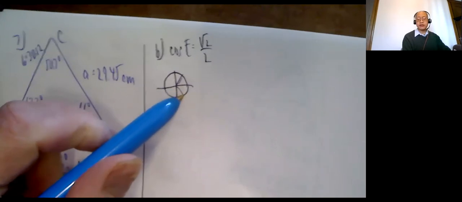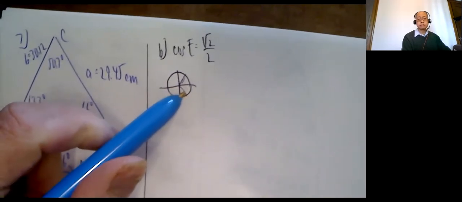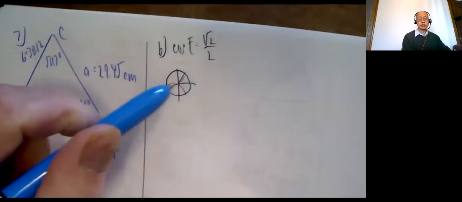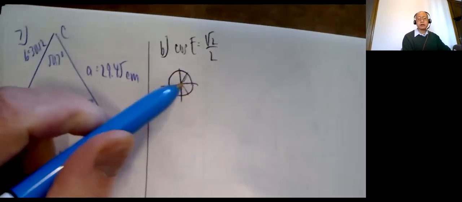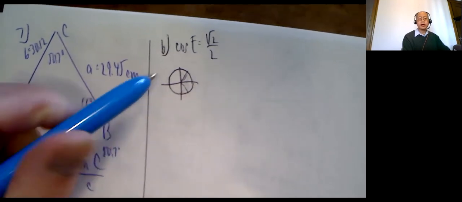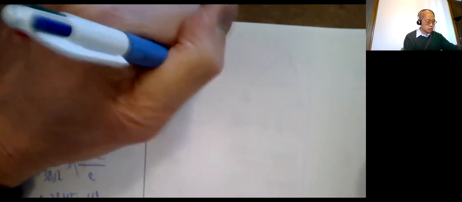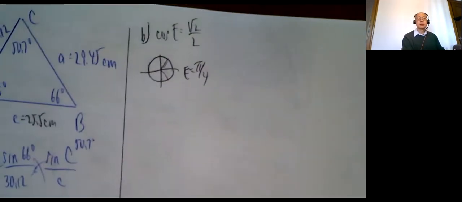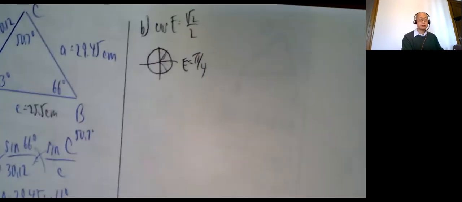But you know you're going to have a negative angle for these kind of things. And what about this angle all the way here? That's past 180 degrees. So you're only going to have one angle in this case. Angle E is pi over 4.